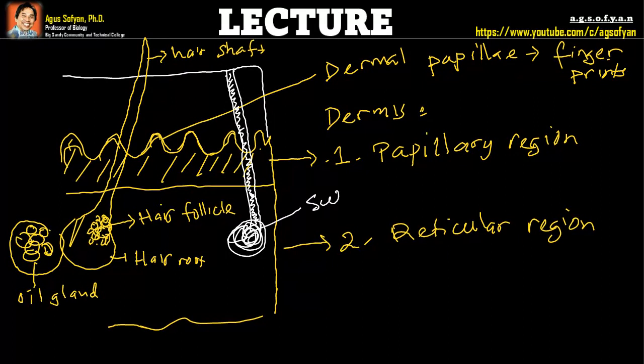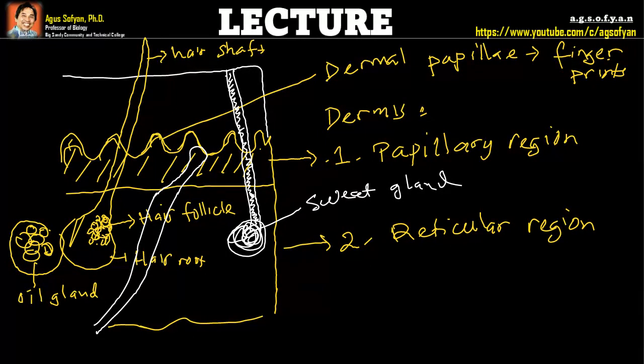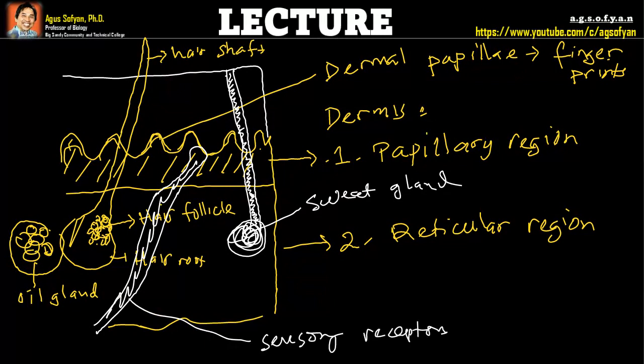So this is the sweat gland. And there will also be a sensory system. It's a sensory receptor that will sense, for example, touch.